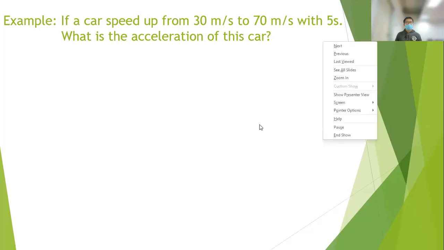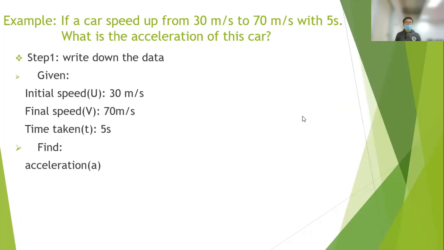So let us move on into this example. If a car speeds up from 30 meters per second to 70 meters per second in 5 seconds, what is the acceleration of this car? To solve this question, first of all, we need to write down the data that was given.